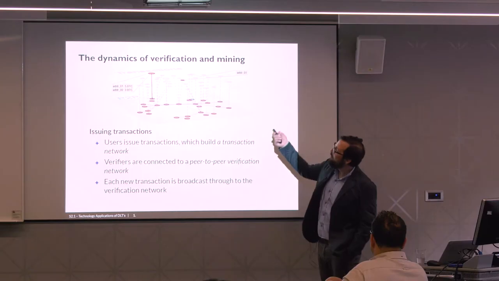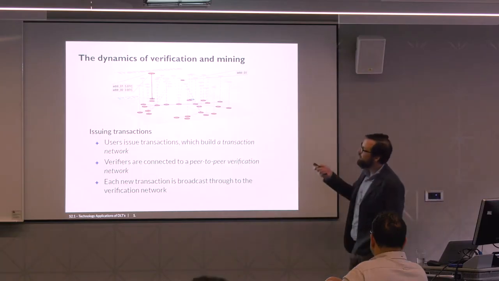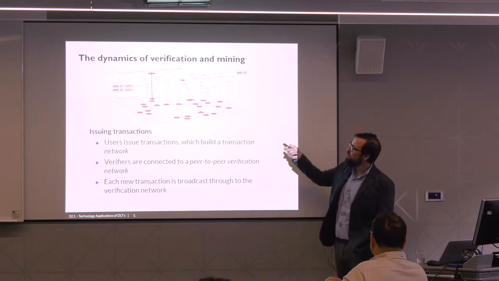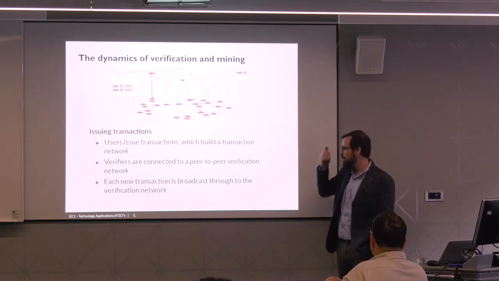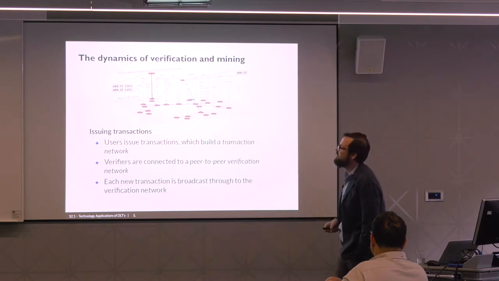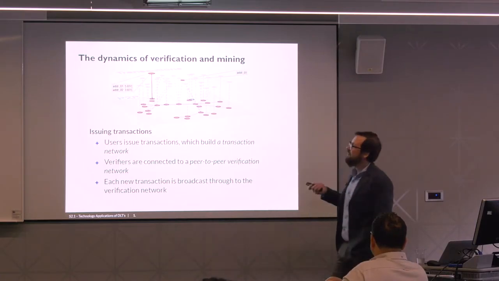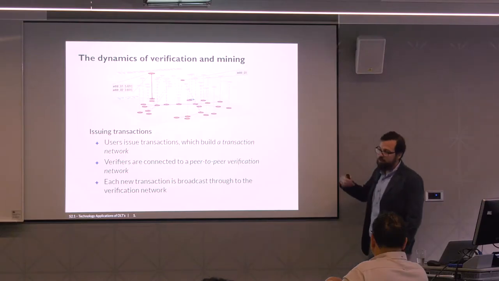So in the pathway of the verification of the dynamics of this transaction, we ended up in the situation where all these nodes that are connected to the verification network get to know the transaction. So they have a local copy of the transaction in their memory. Technically there is something called the mempool.